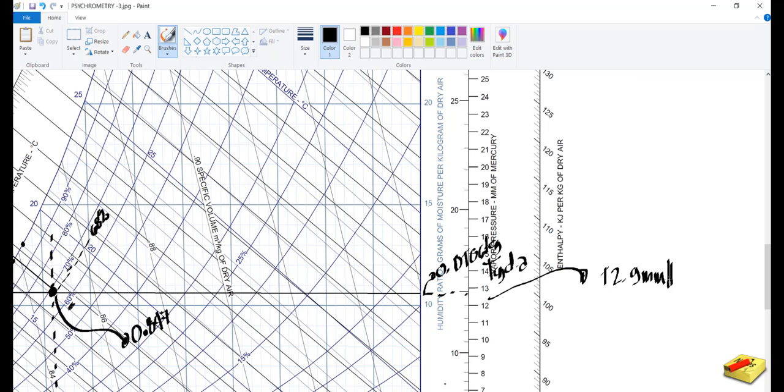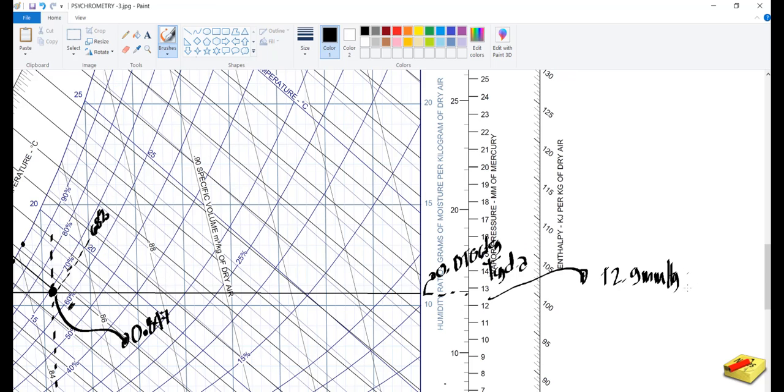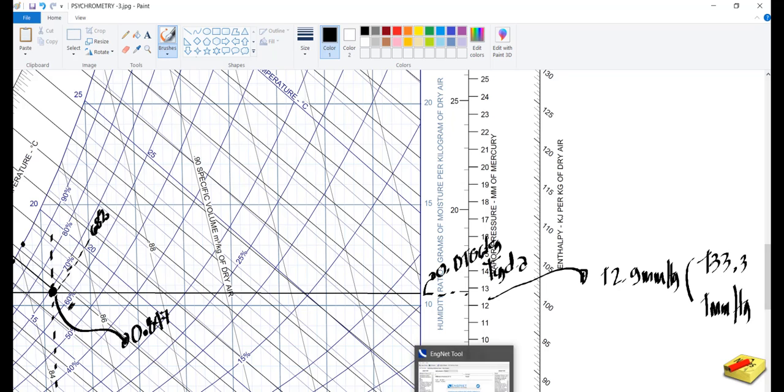Let's convert that. The conversion is 1 mm of Hg equals 133.3 Pascal, so the units will be Pa.